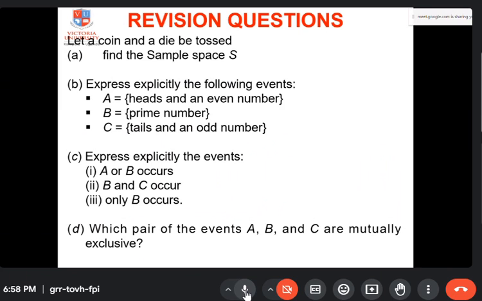I think 1 we said is not a prime number.